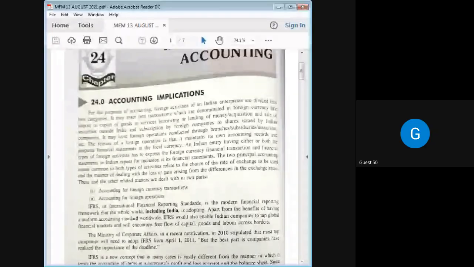Especially, we are recording the transactions in monetary terms. Why? Because at the end of it, we want to know the gain or loss, which sector of the business is making more profit, which sector of the business is making more loss, or which sector of the business requires amendments. Okay, so basically we record these transactions.